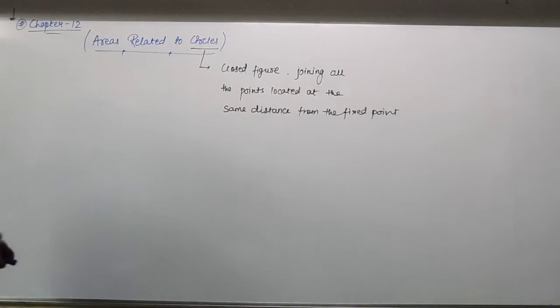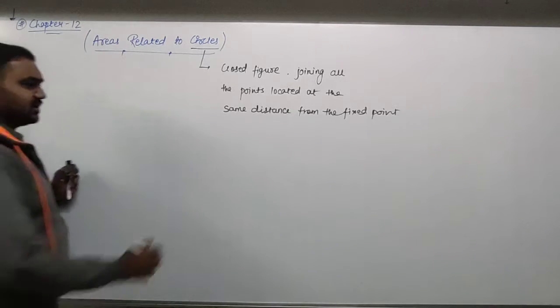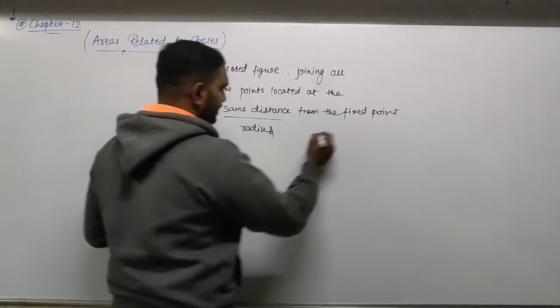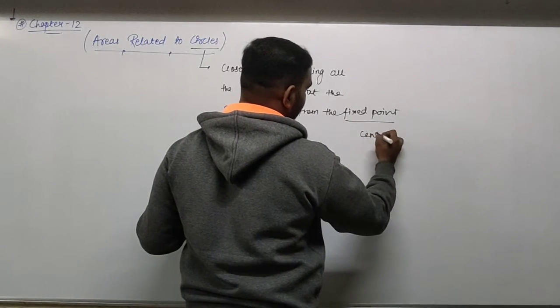That is the circle. That is the basic definition of circle. This same distance is known as the radius and this fixed point is known as the center.